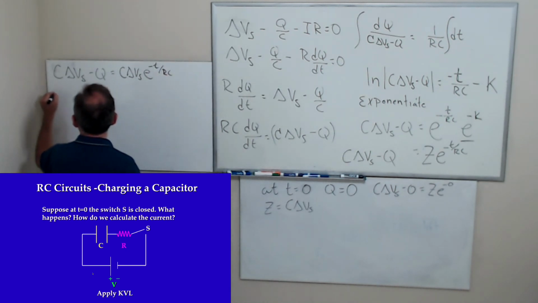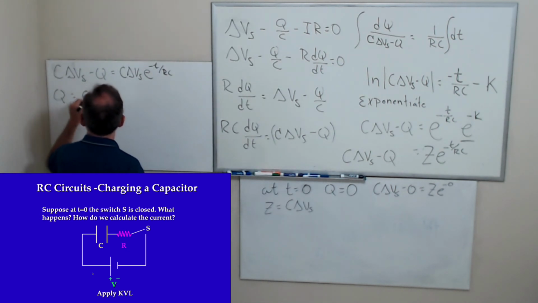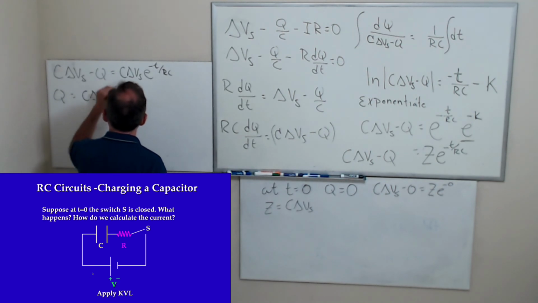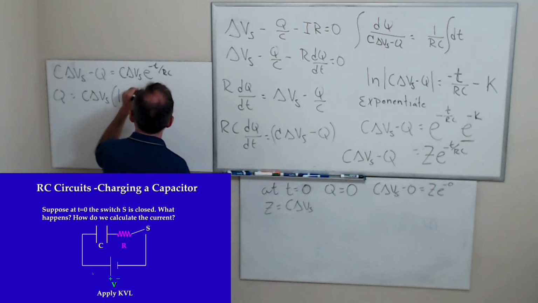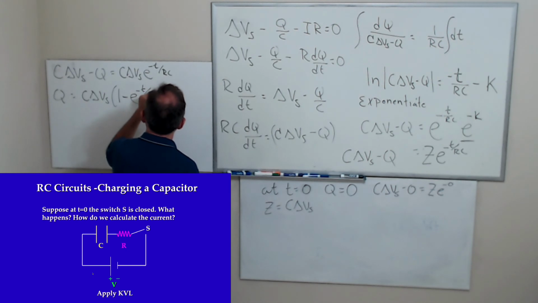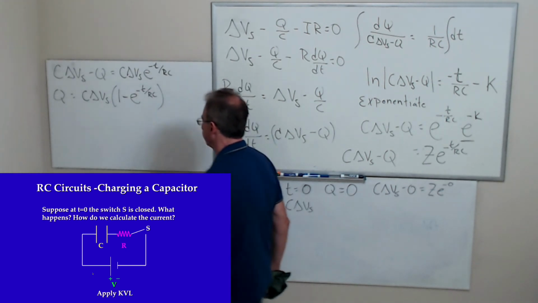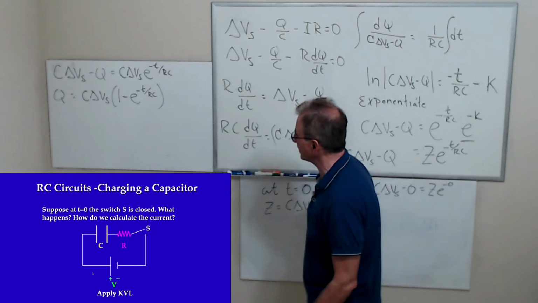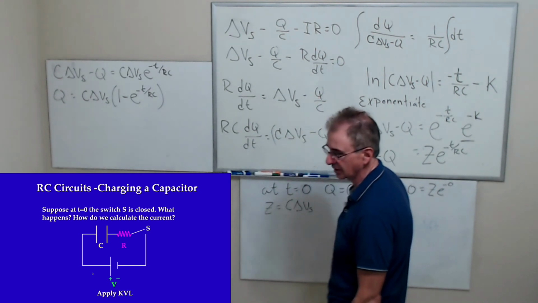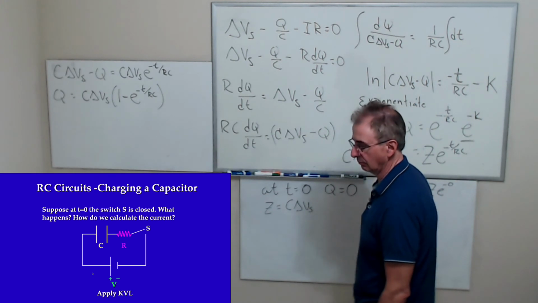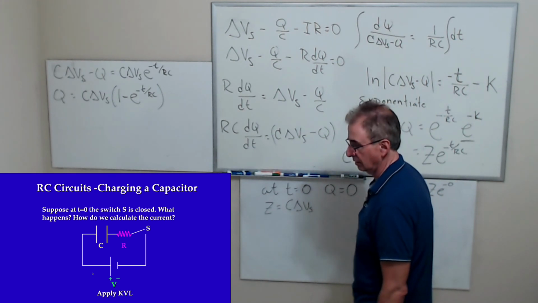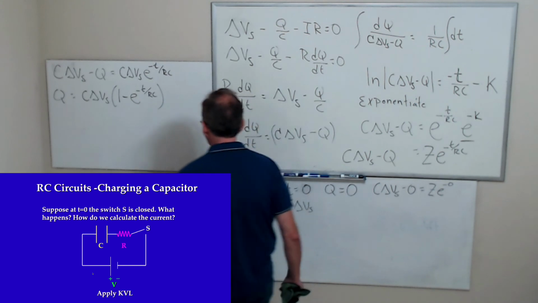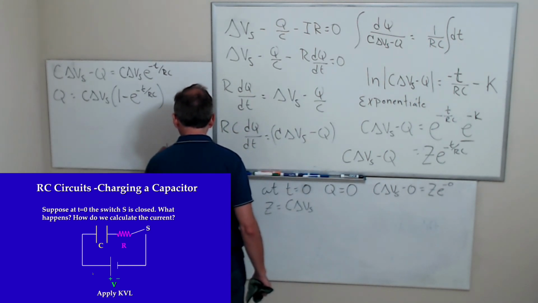Let me solve for Q. Now, what's C delta V sub S? What is that? What does that represent? Let's think about it. I'll draw the circuit again.